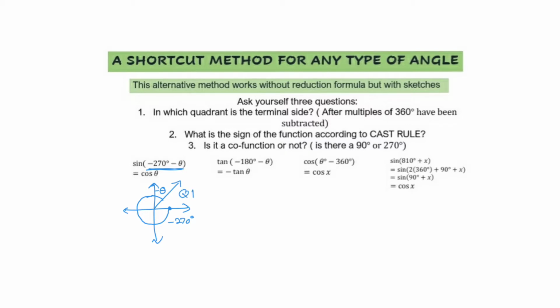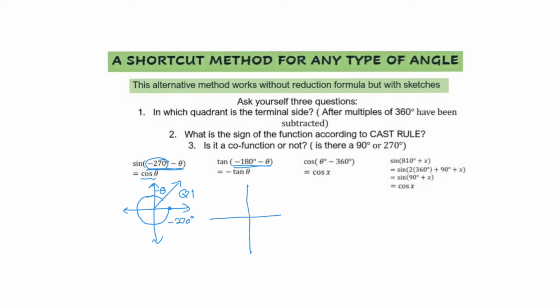What is sine in quadrant 1? It's positive. So the sign will be positive, but because 270 is treated the same as 90 as co-functions, the sine must become a cos. Tough, eh? The next example also has a funny angle that we don't recognize.